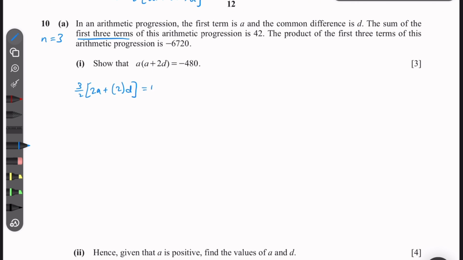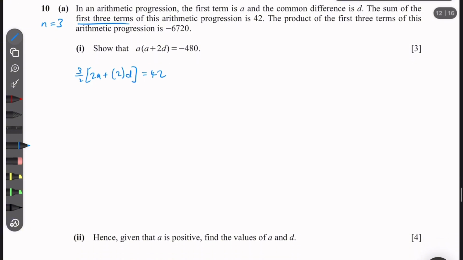And this is equal to 42. Okay, so we have the first equation.